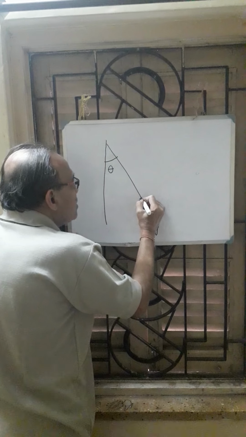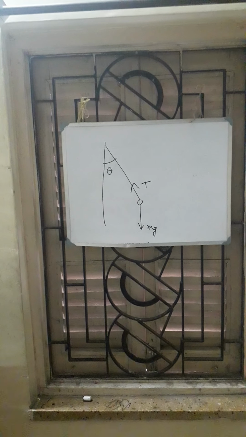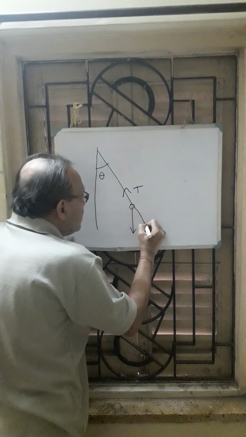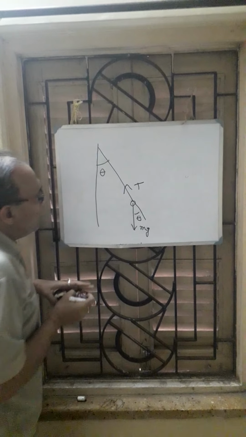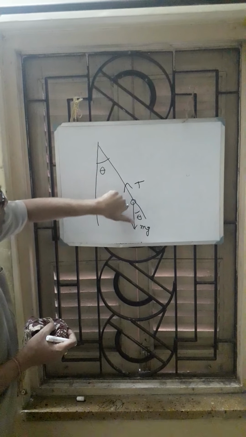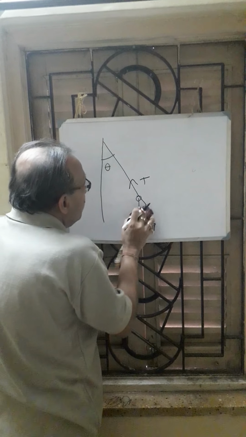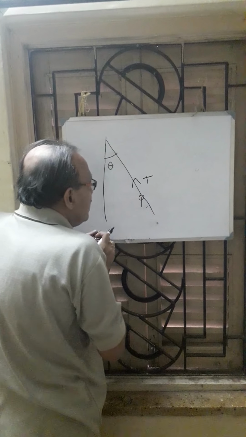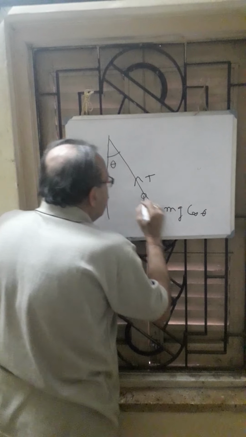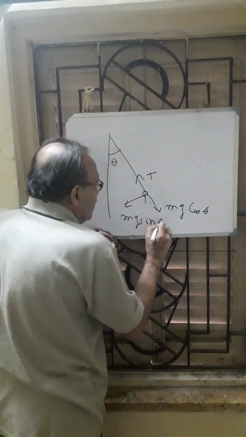Since this is the tension T, it acts away from the body. Second, this angle is theta, therefore this angle is also theta. Therefore, along the string is mg cos theta, perpendicular to the string mg sin theta. Therefore, I write this is mg cos theta, this is perpendicular mg sin theta.